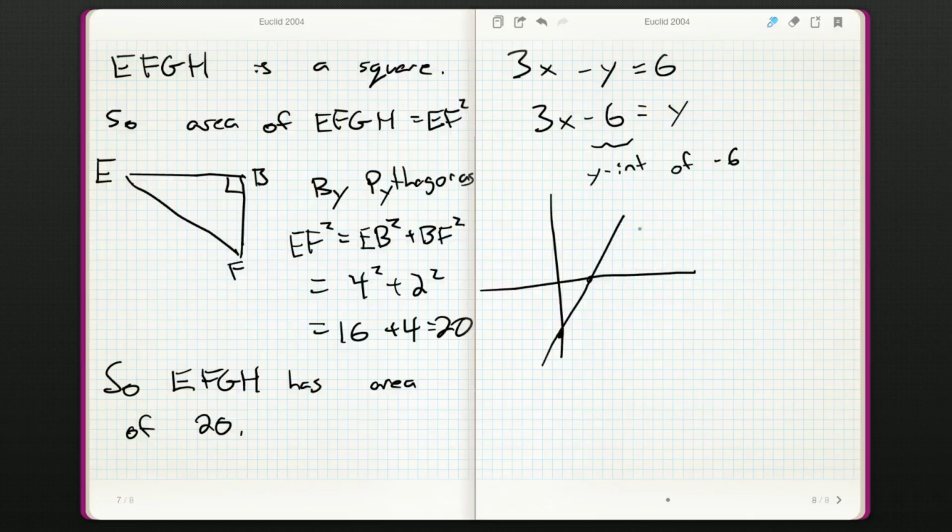So this is the line that we're currently looking at, and they want the equation of a horizontal line. That's a constant line that goes through the same y-intercept. Horizontal lines are always of the form y equals, just like a vertical line is always of the form x equals, like x equals 4. So y equals, well, what's that y value?